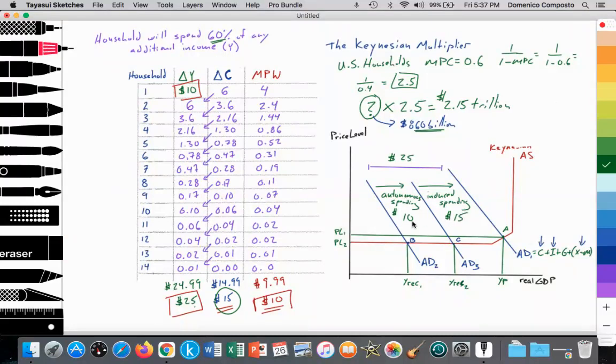So the autonomous spending was $10 right here, creating additional induced spending of 15 as a result of this ripple effect that we see here. And in total, that is $25. So we can close that recessionary gap of $25 just with an initial injection of 10 that multiplies out as a result of household spending 60%.